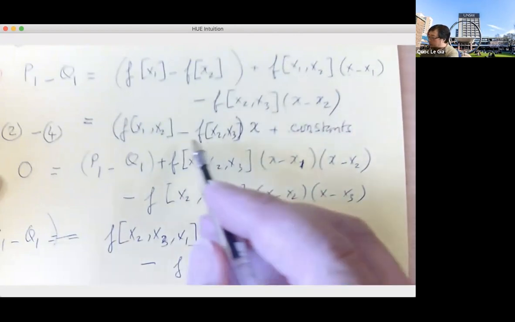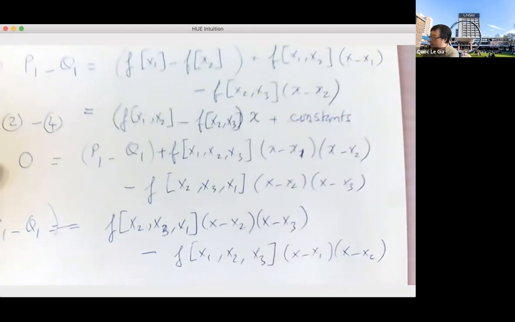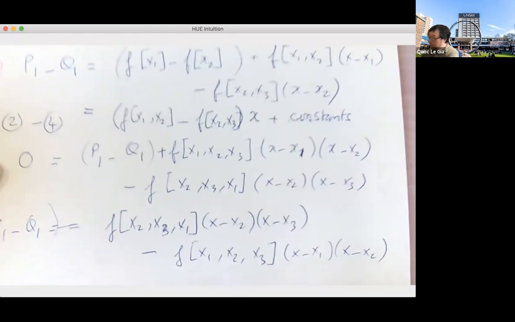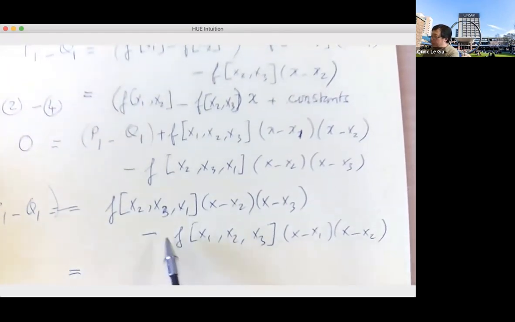But we just focus on the coefficient for x. And I do the same down here. Down here you have something for x squared. Well, actually the term for x squared got cancelled, because the divided difference doesn't depend on the order of the points.